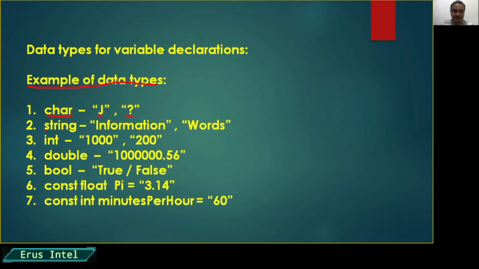Next is the string. The string data type is used for accepting inputs like words, a whole combination of letters that forms a word, for example information or words.